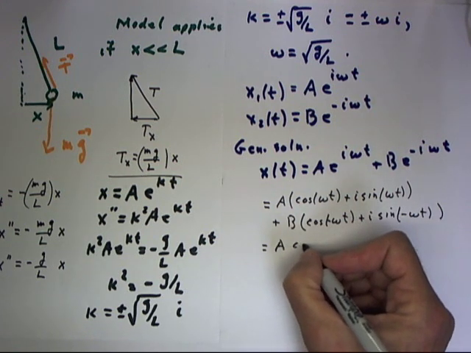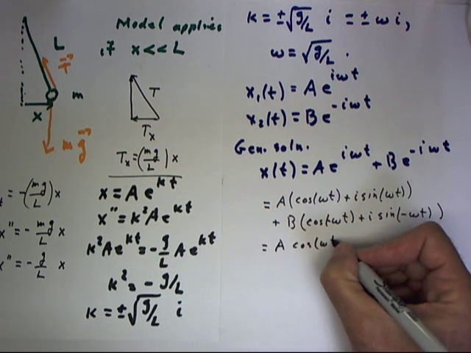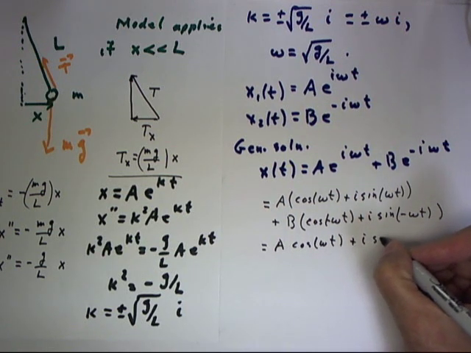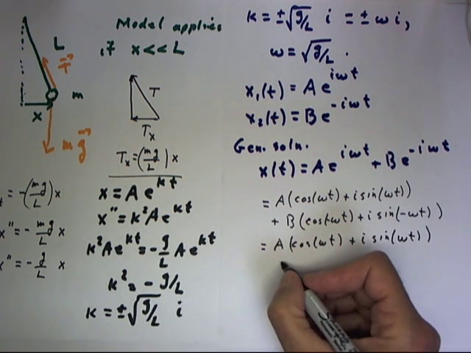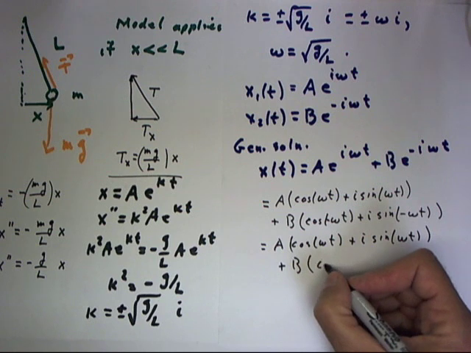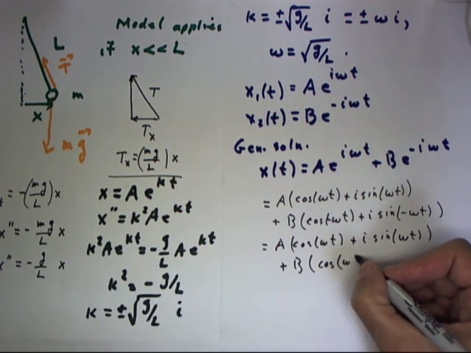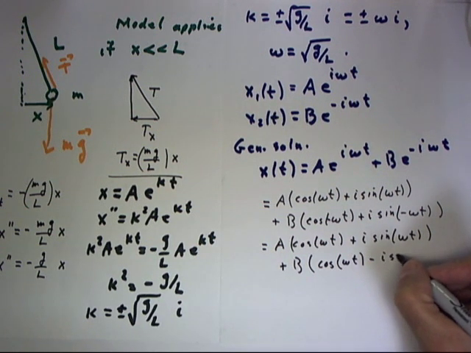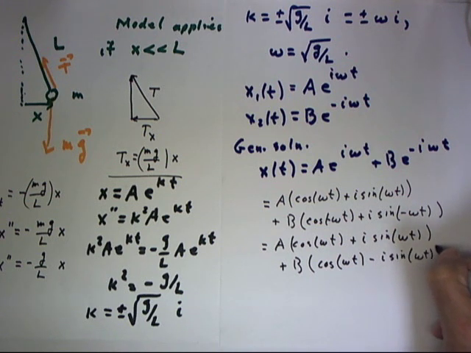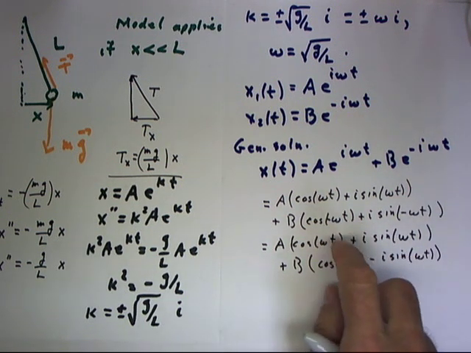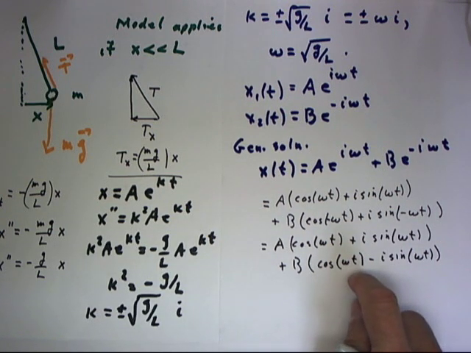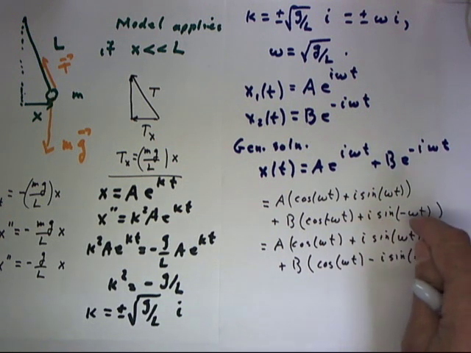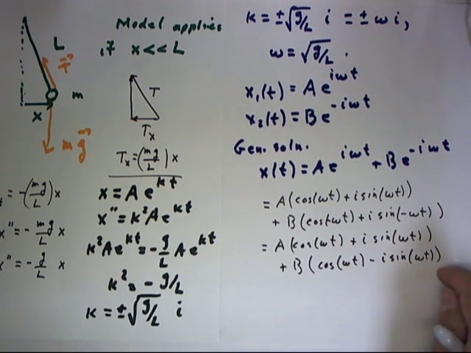And that's going to be a cosine omega t plus i sine omega t, plus b times the cosine of omega t minus i sine of omega t, applying the fact that the cosine is an even function, so the cosine of negative omega t is the same as the cosine of omega t. The sine is an odd function, so the sine of negative omega t is the negative of the sine of omega t.